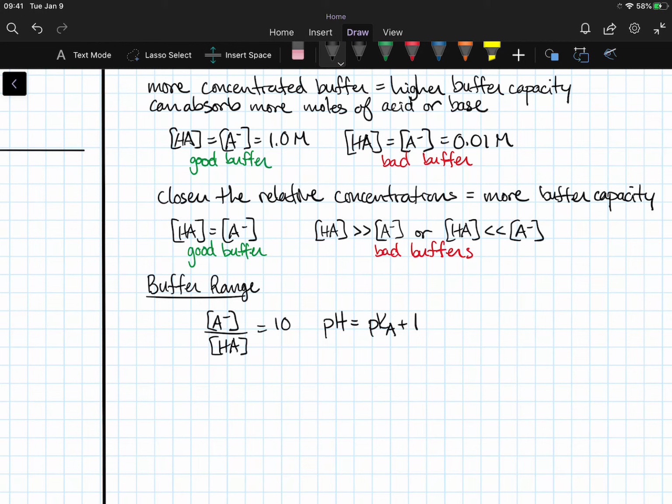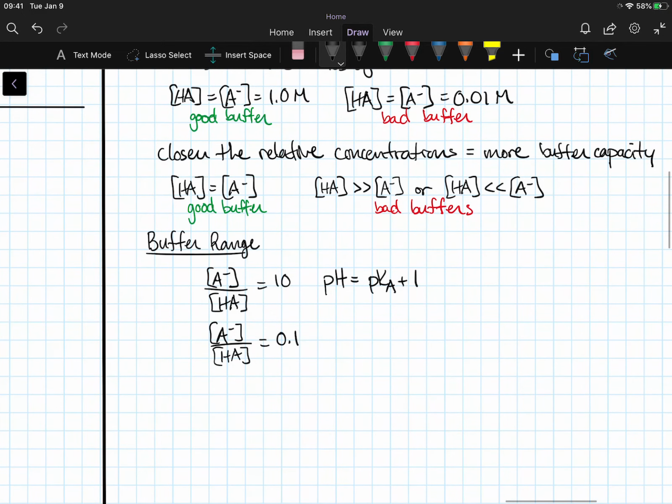So if the concentration of the conjugate base is 10 times higher than the concentration of its weak acid, then the pH is going to be 1 pH unit above the pKa. And similarly, if that ratio, A minus over HA, is equal to 0.1, so that means that the concentration of HA is 10 times greater than the concentration of A minus, then the pH is going to be equal to pKa minus 1, because the log of 0.1 is negative 1.